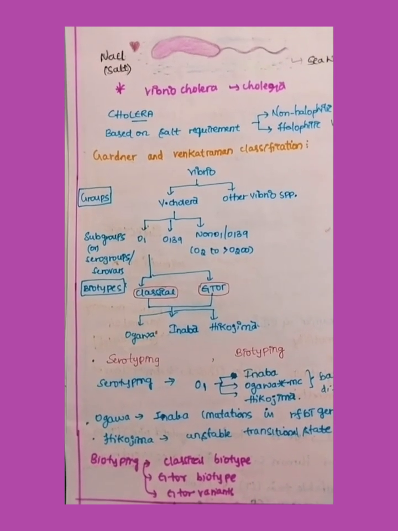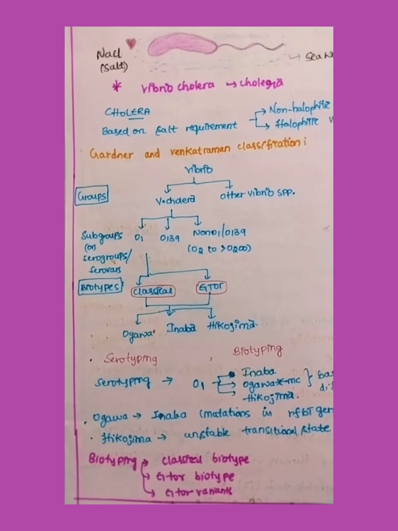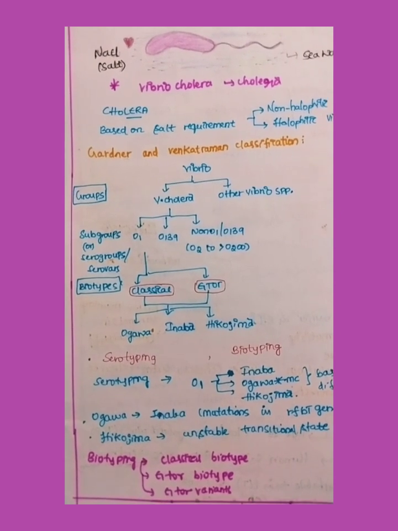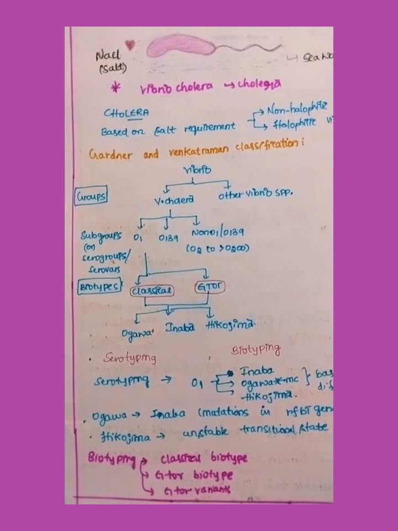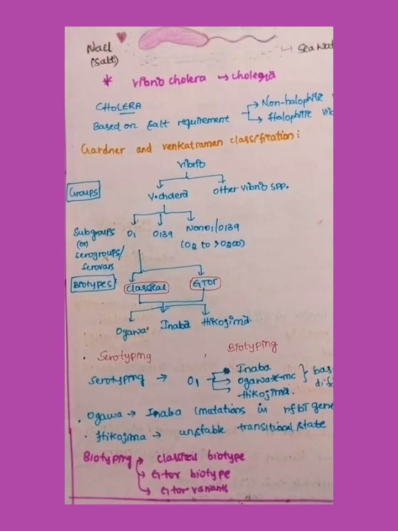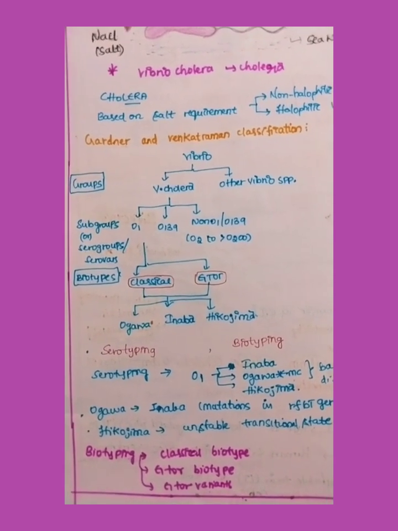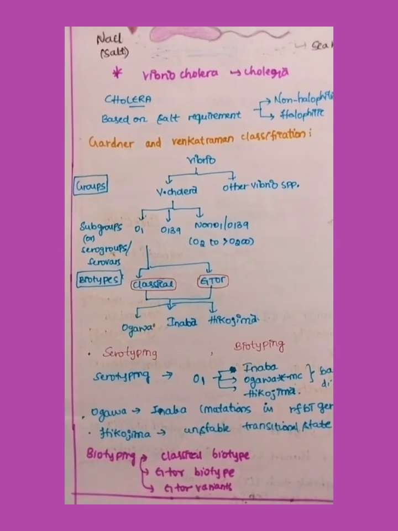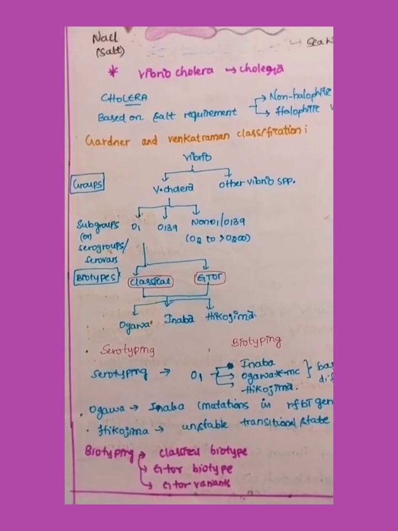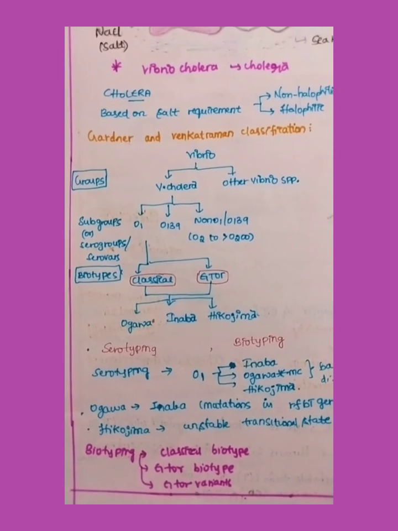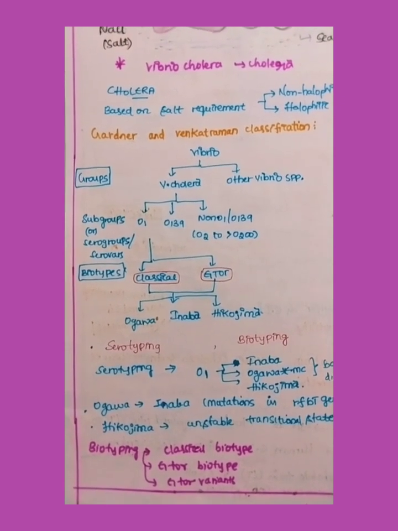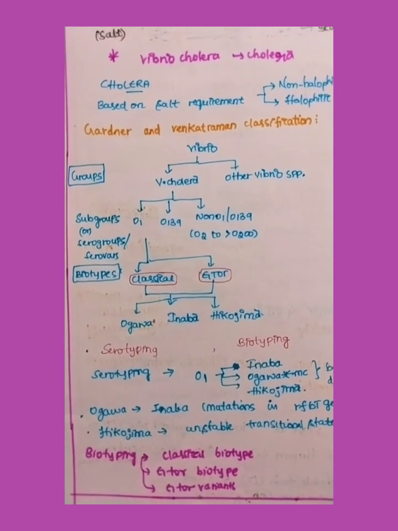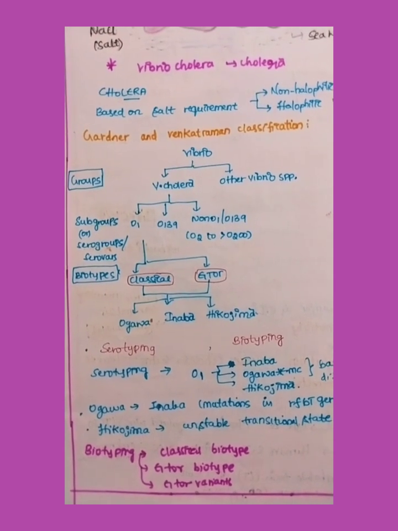They are O1, O139, and non-O1/non-O139 strains. Again O1 is divided into biotypes, classical and El Tor, and these are divided into serotypes Ogawa, Inaba and Hikojima.